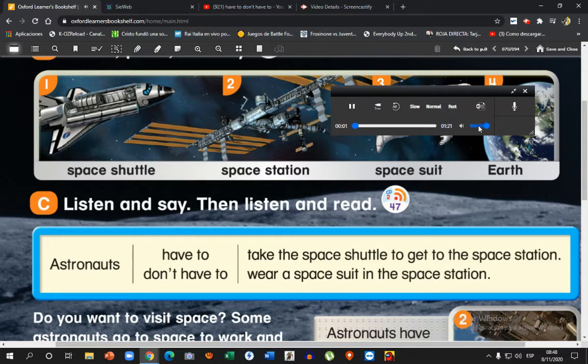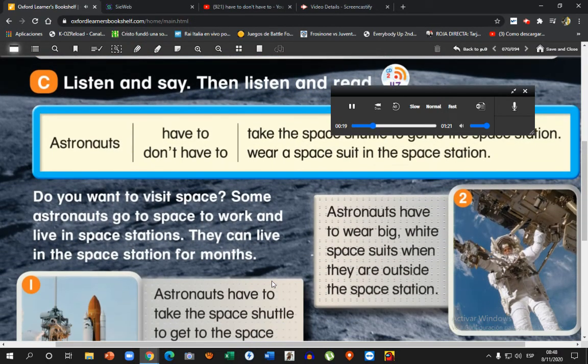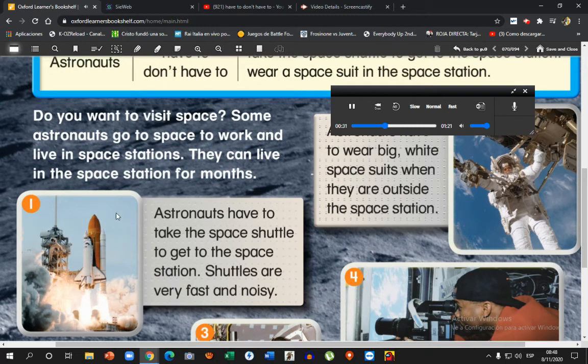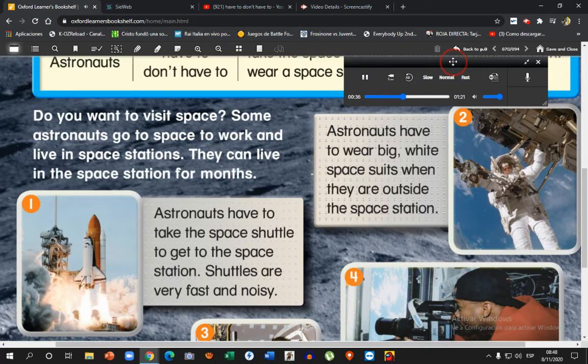Page 70. C. Listen and say. Then listen and read. Astronauts have to take the space shuttle to get to the space station. Astronauts don't have to wear a spacesuit in the space station. Do you want to visit space? Some astronauts go to space to work and live in space stations. They can live in the space station for months. 1, Astronauts have to take the space shuttle to get to the space station.